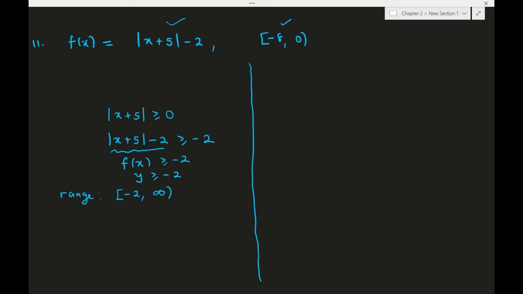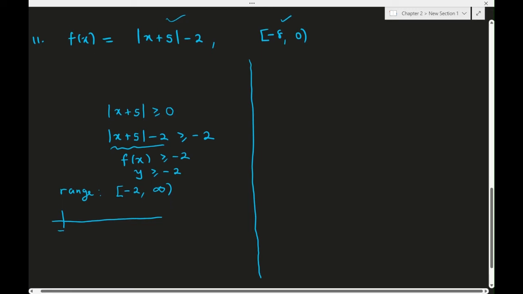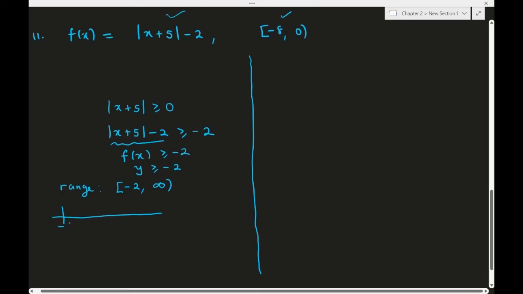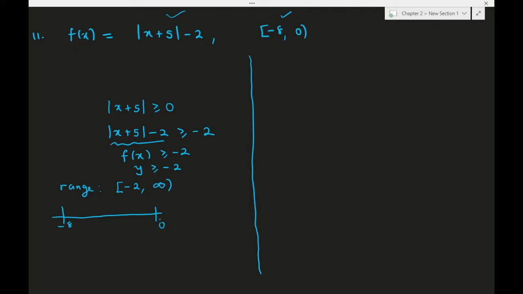So now we need to find the maximum value of this function in this given domain. Similar to what we did the other time, let's look at this one. Here we are dealing with minus 8, and here we have 0, but 0 we know it's open.